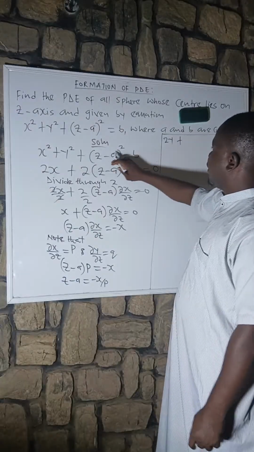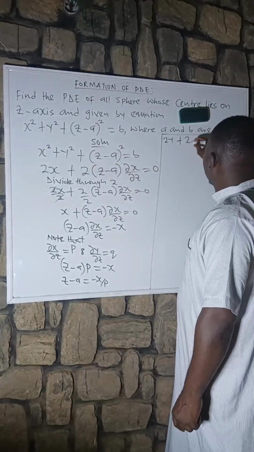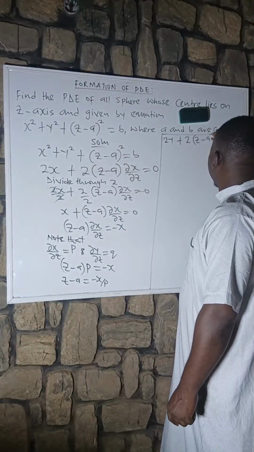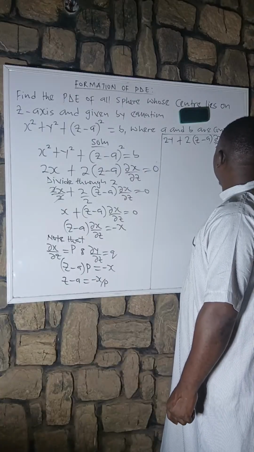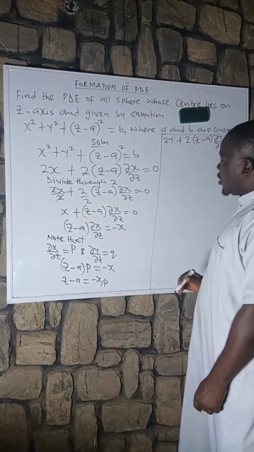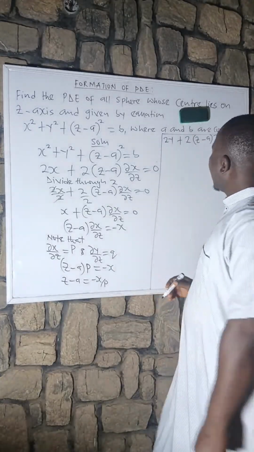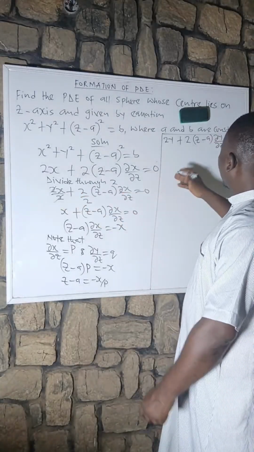Then plus, if we differentiate here with respect to y, we are going to have 2 open bracket partial y with respect to partial y all over z equals, if we differentiate b, it will be 0. True or false? So the same thing is applicable here. Divide through by what? 2.